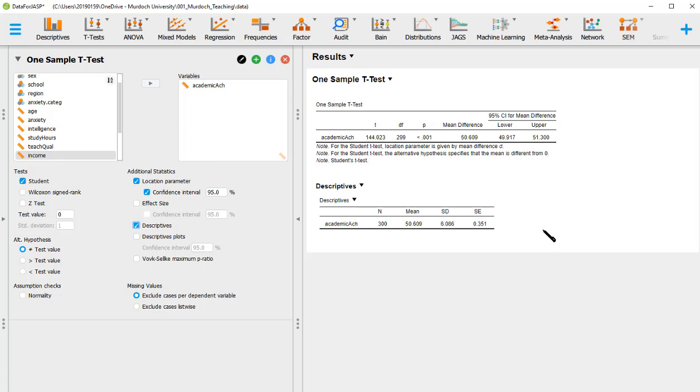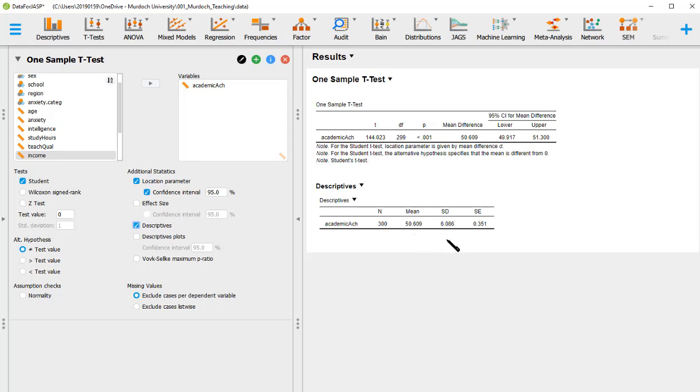In terms of descriptive statistics, we've got the mean of the sample and the standard deviation of the sample, and this is something I don't like about a lot of statistical software. Standard error, that's the standard error of the mean, is put in descriptive statistics. Now, descriptive statistics are about the sample.